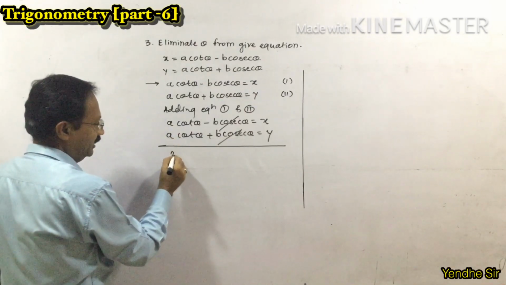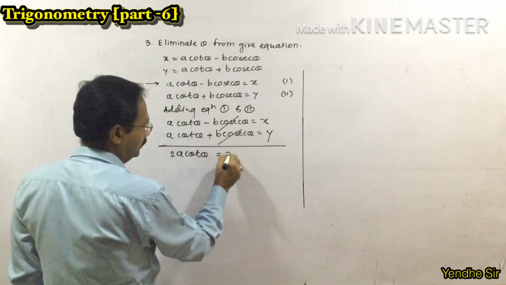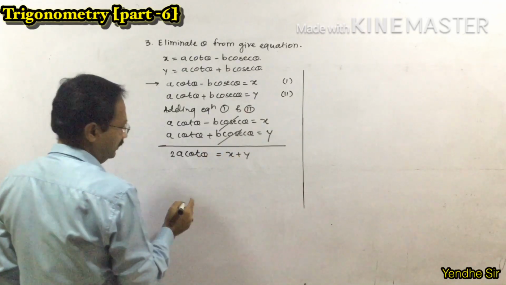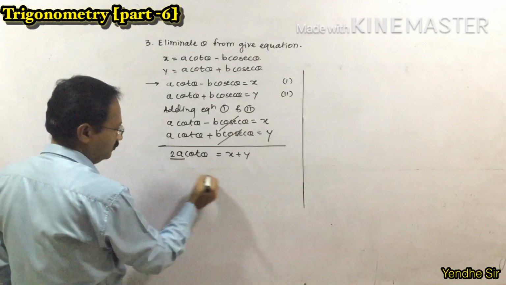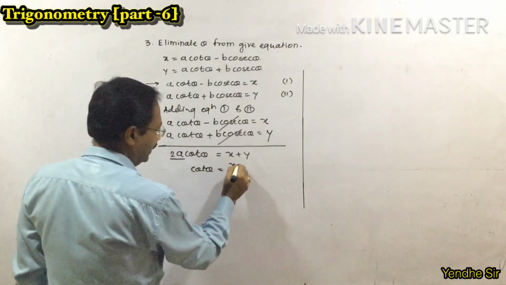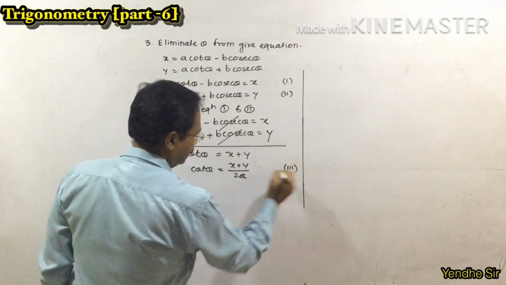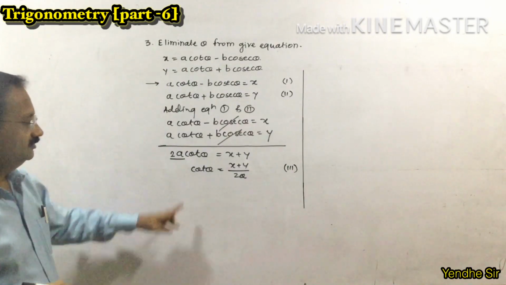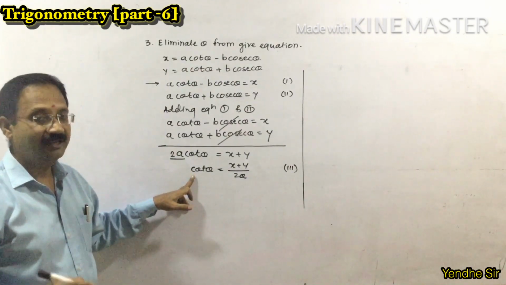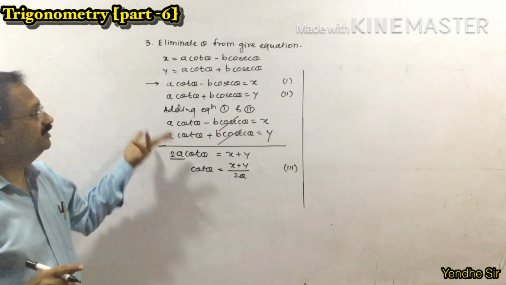A plus A, 2a cot theta equals x plus y. Now 2a goes on that side, so you get cot theta equals x plus y upon 2a. This is equation number 3. So here I got the value of cot theta. Now you have to find out the value of cosec theta. It is very simple.